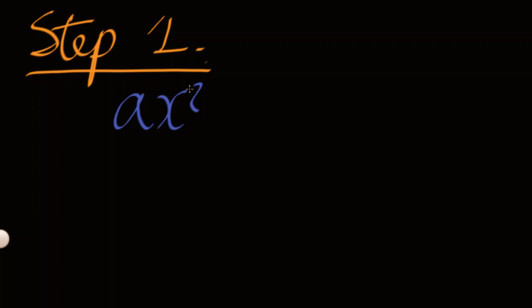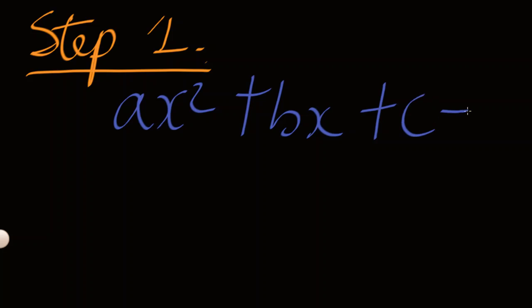Step number 1. In step 1, we have ax squared plus bx plus c equals 0. This is our standard form of the quadratic equation. And from here, we want to get rid of this a.